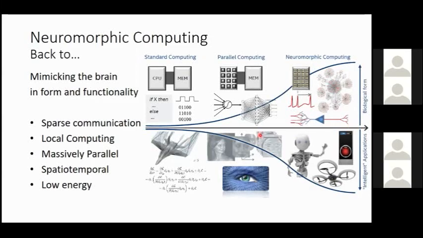But as we progressed, we went away from the CPU, a single-core, serialized computing, to parallel computing using GPUs. And as time went along, the applications became more intelligent rather than simple logical applications, and we believe that neuromorphic computing is the next step towards that.